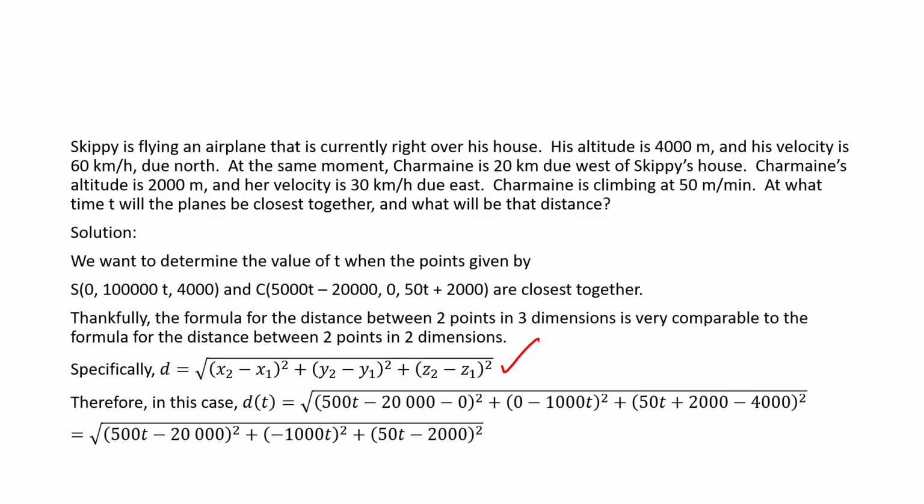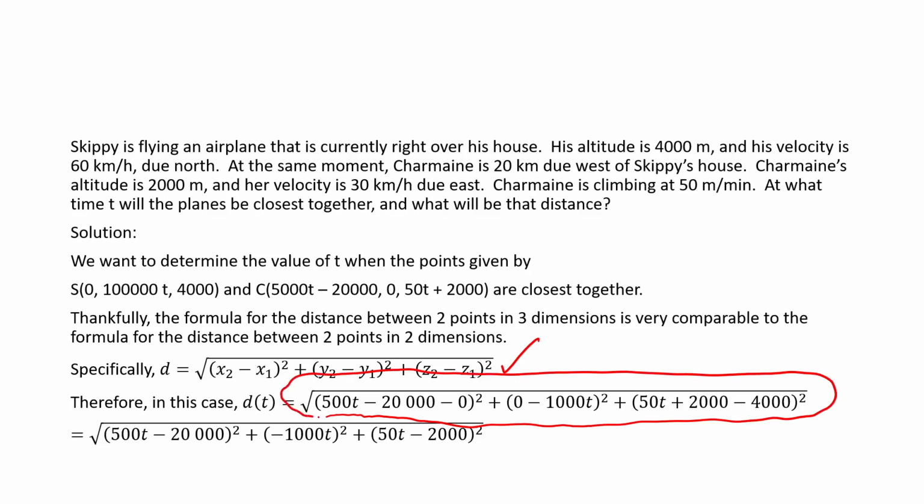So using Charmaine's x, y, and z as x2, y2, z2, and Skippy's x, y, and z as x1, y1, and z1, we get the formula as shown right here. That is the formula for distance at any given time between the two.